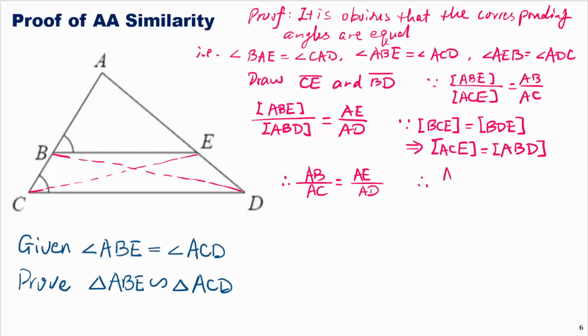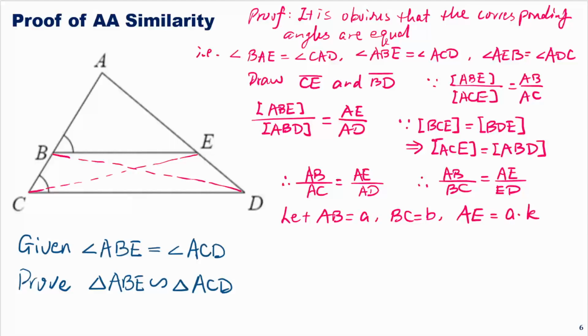And therefore we know AB over BC should equal AE over ED. And if we let AB equal a, BC equal b, and AE equal a times a coefficient k, then we have ED equals b times k, right? Of course, k belongs to the real number set and k is not 0.